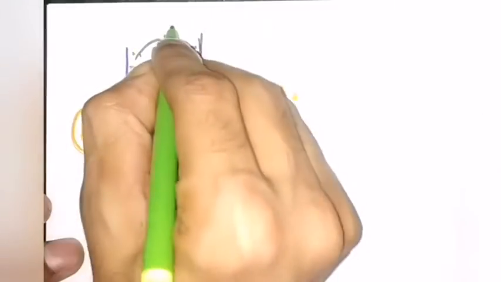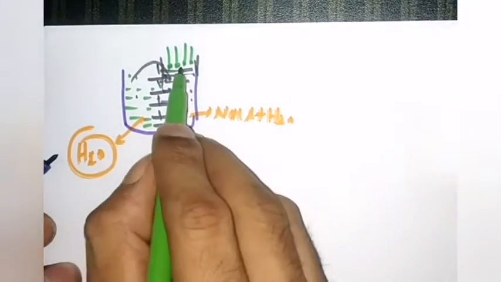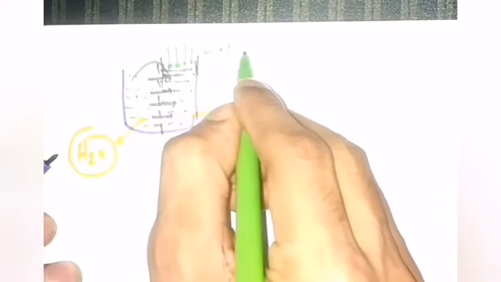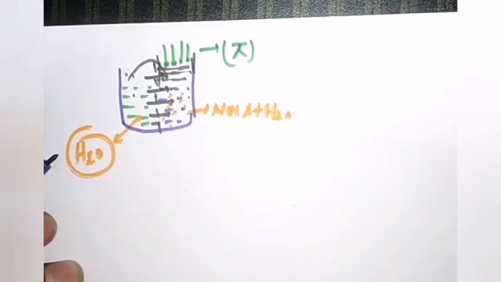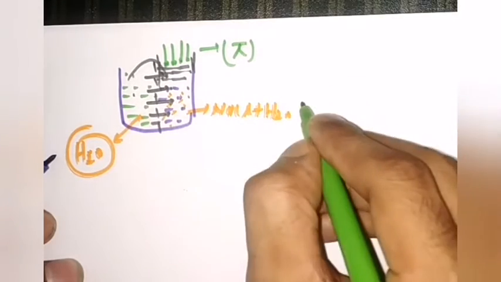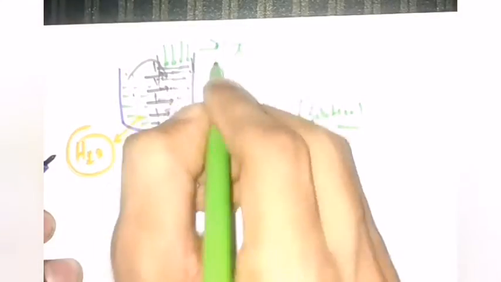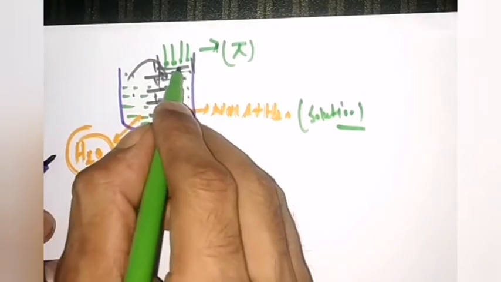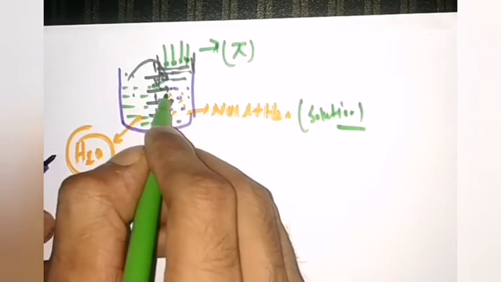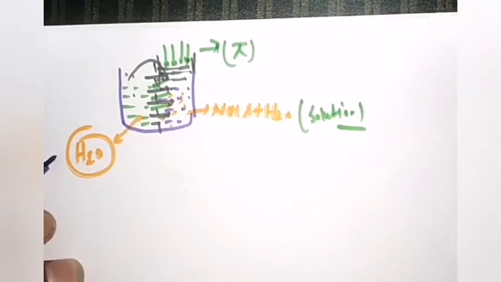Now what used to happen? If you apply a pressure over here, just try to understand. I am going to apply pressure over here, and that pressure is denoted as pi. If you apply pressure on the solution side, due to application of pressure, the flow of solvent molecules will get stopped.